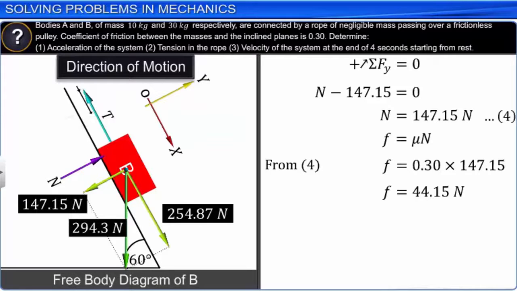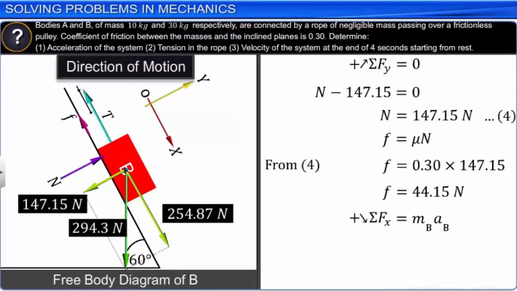As the body B is moving down the plane, we take the inclined plane's downward direction as positive. Applying Newton's second law of motion, the net force along x direction is the product of the mass of the body B and its acceleration.